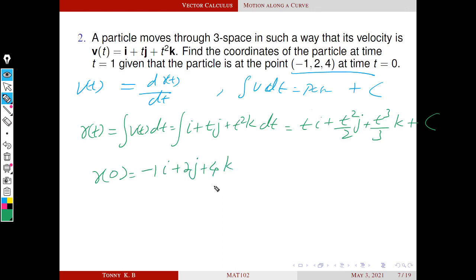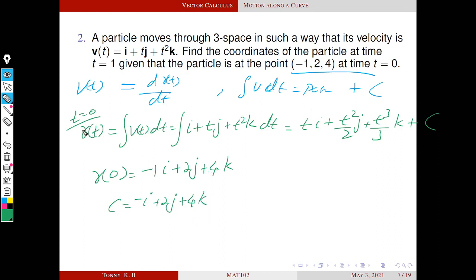Now we substitute t equal to 0 in the general position vector and equate with this given condition. When t equal to 0, we get 0i plus 0j plus 0k plus c. Already r of 0 is known, so by comparing these two, we get c equal to minus i plus 2j plus 4k.